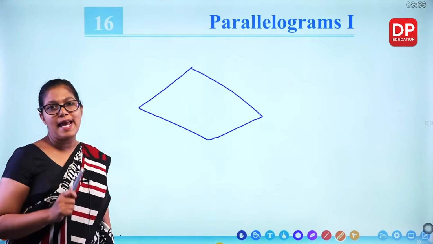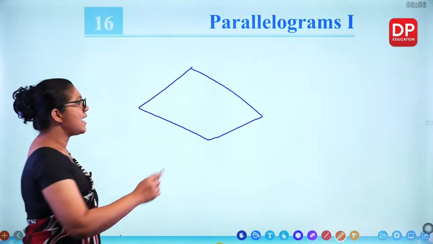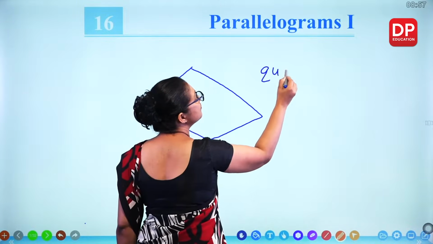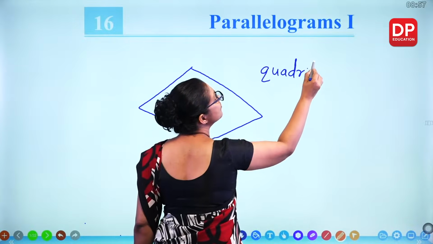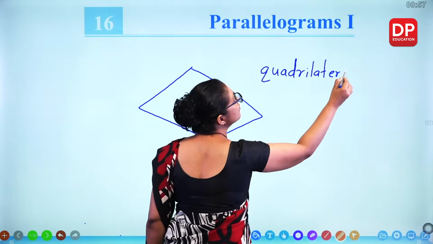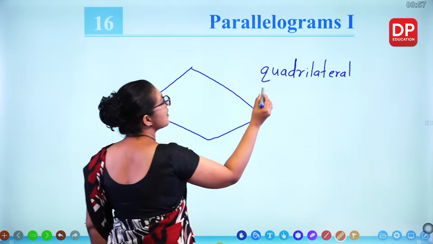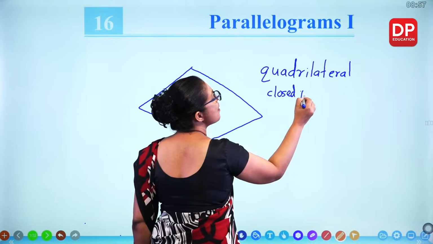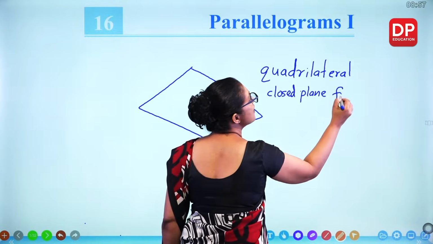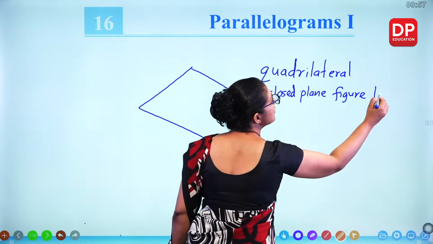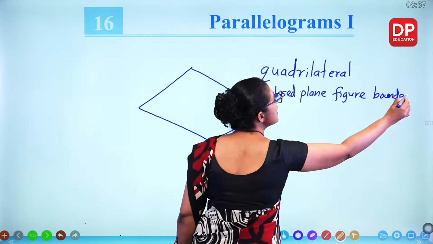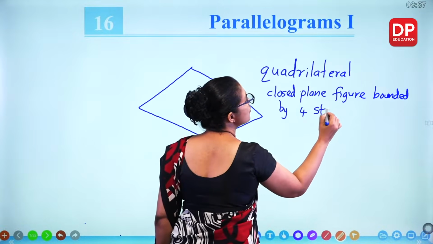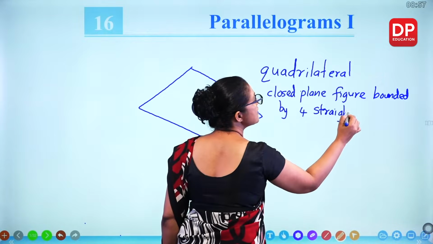A closed plane figure bounded by four straight lines or straight line segments.